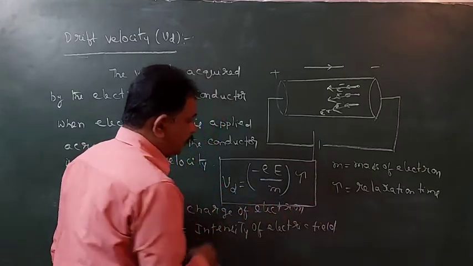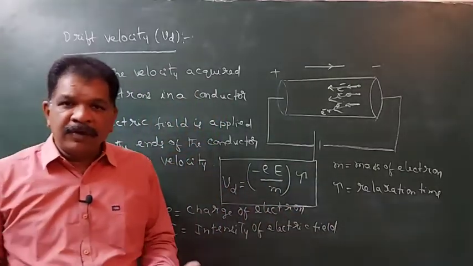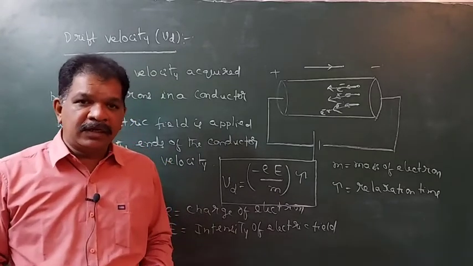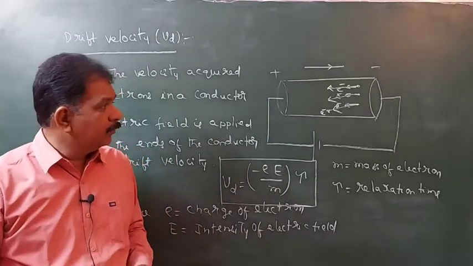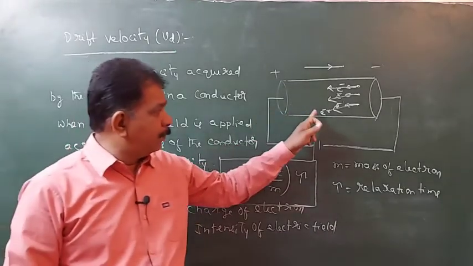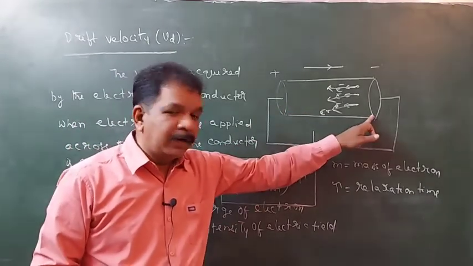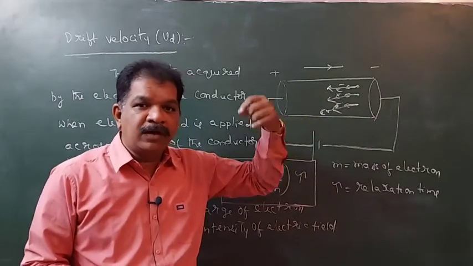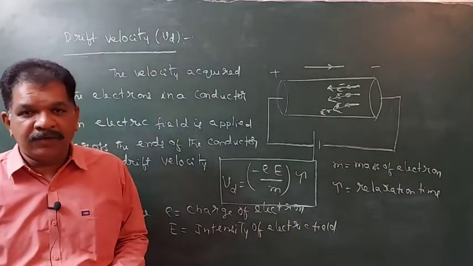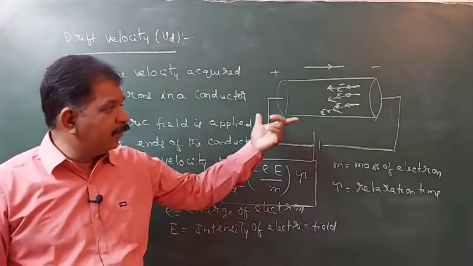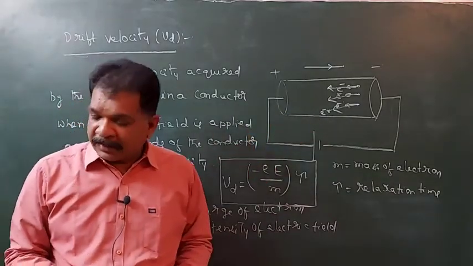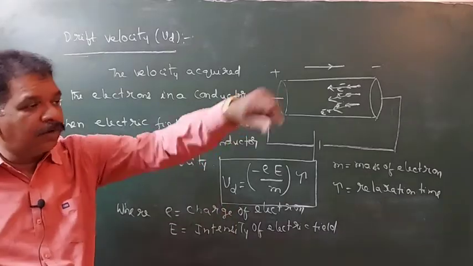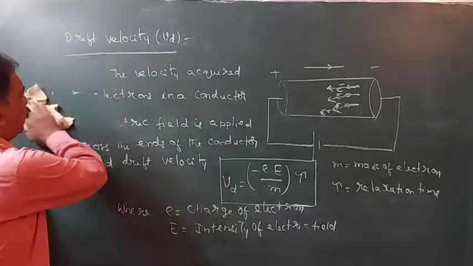Next, drift velocity per unit electric field is called the mobility. When we apply 1 volt per meter electric field, the acquired velocity of the electrons will be called the mobility.